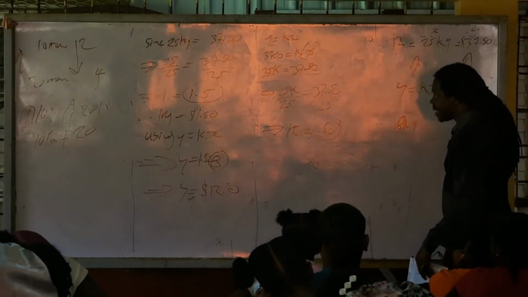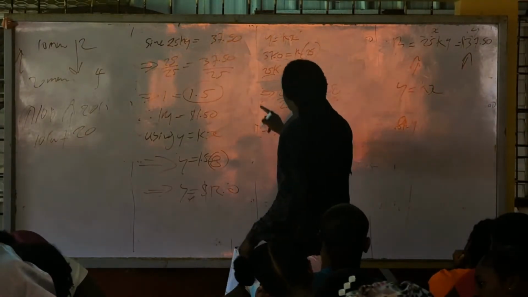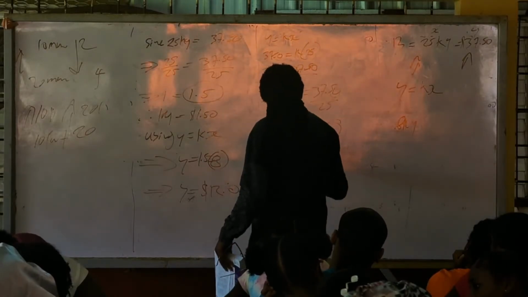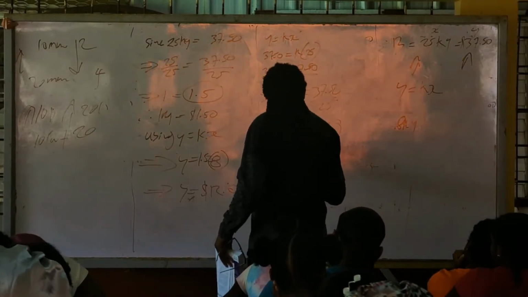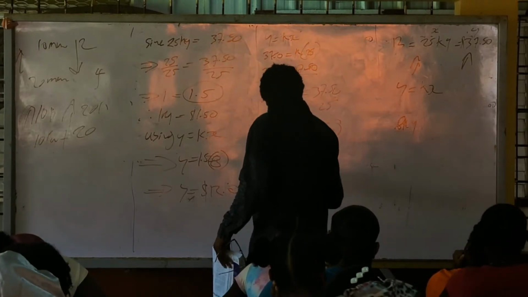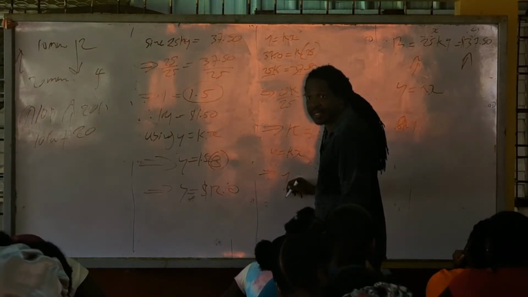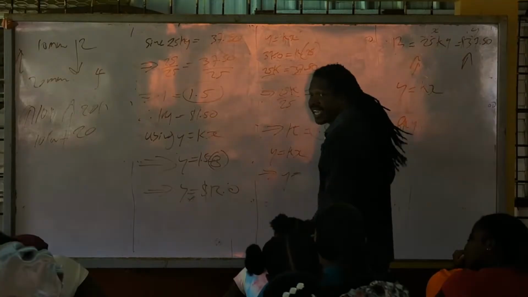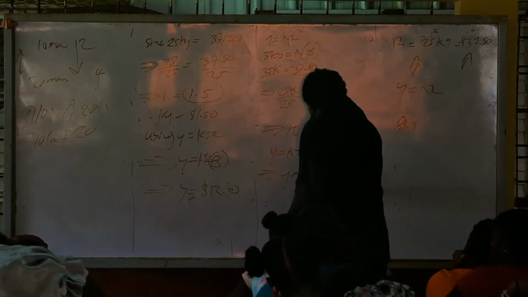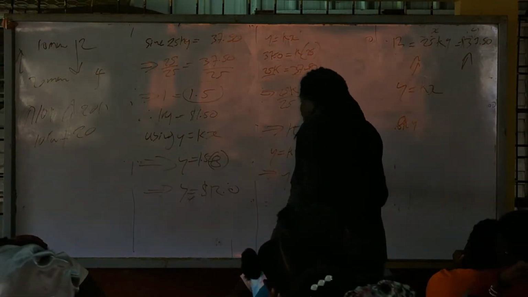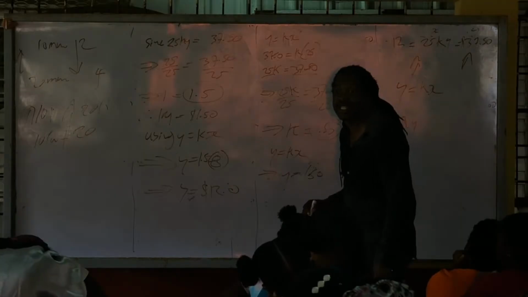So now I have my same formula, y equals kx. y is my unknown, I don't know my price, equals what is k? Because when it is directly proportionate, it means that k remains constant.